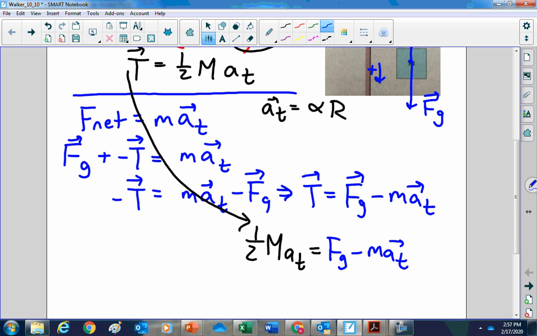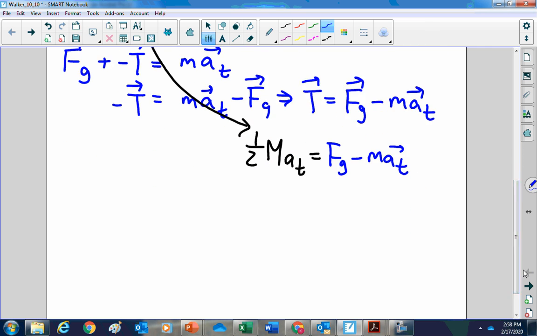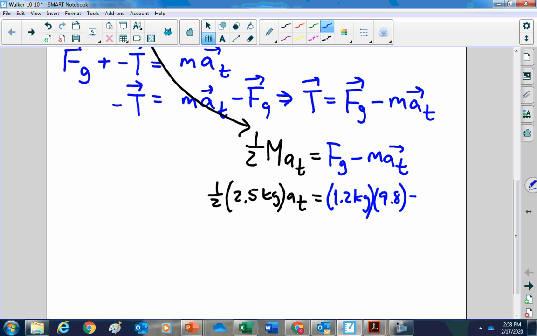Okay, so now I'm ready to start plugging things in because I have all these numbers. They told me this big M was the disk. I only have one unknown now, it's just a_t. The right side is little m g, with 9.8, and then this is little m again, a_t. So then add that to both sides.